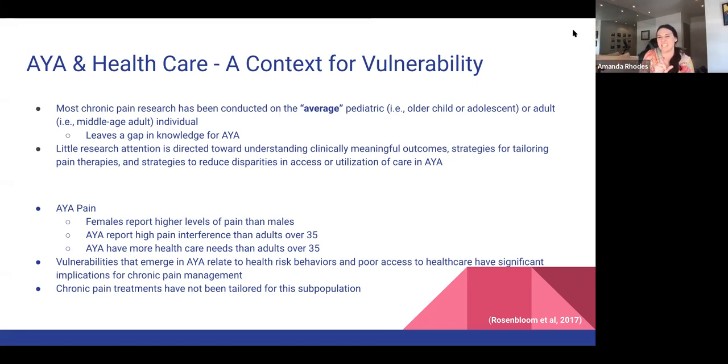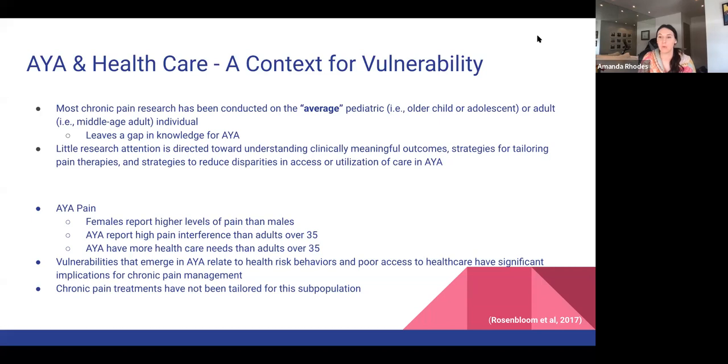But that really leaves a gap for our young adult population. And so little research has had attention on understanding, first of all, clinically meaningful outcomes, and then strategies, of course, in pain treatments, and how to reduce these disparities. And so this is definitely a topic that is near and dear to my heart, and where we don't do that good of a job. So I'm really happy that we're doing this webinar.